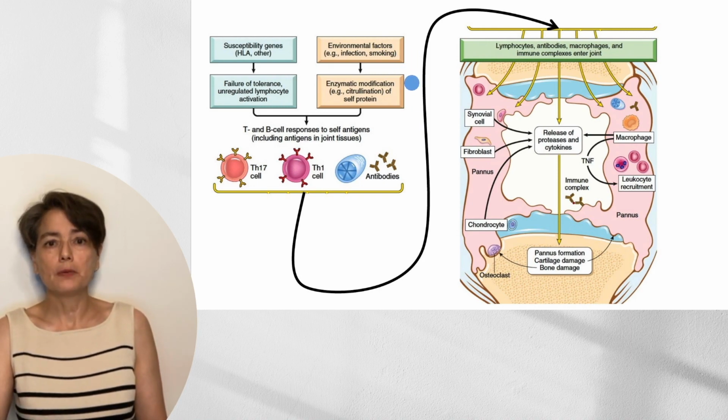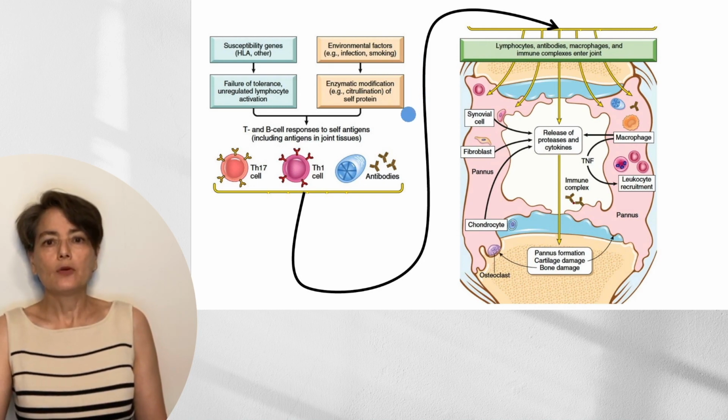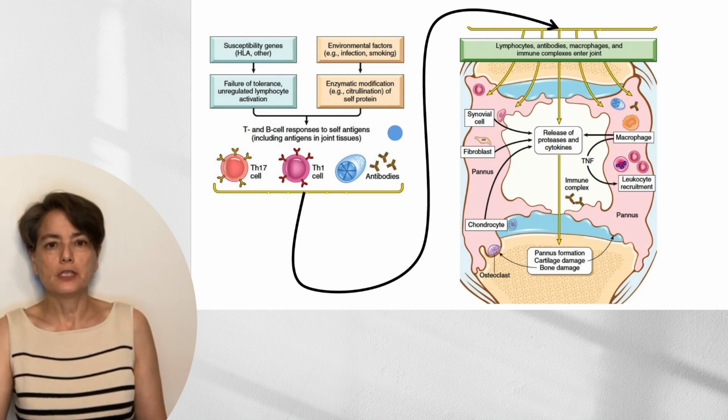Smoking can also be involved in modification of peptides. And we get this citrullination of our self-proteins. These two combined together are going to cause a T and B cell response to self-antigens, including those in the joint tissue. So we're going to have Th17 cells, which I mentioned before, Th1, and our plasma cells that are putting out antibodies.